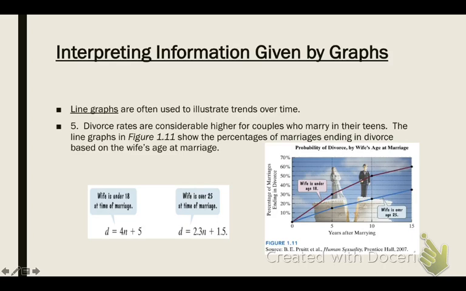So you have two different lines, your two different scenarios: when the wife is under 18 at the time of marriage, and when the wife is over 25 at the time of marriage. So there's that gap, with the one on top, I'm going to call it red or purple, and the one that's blue on the bottom side.